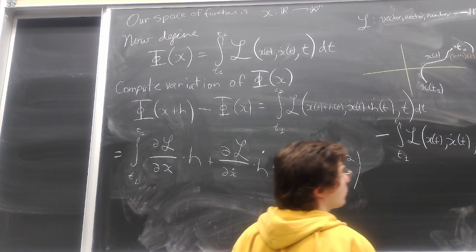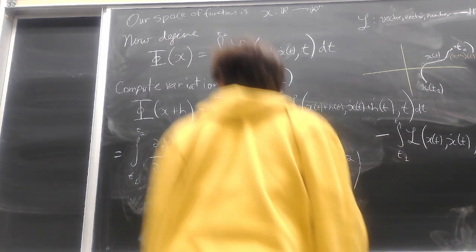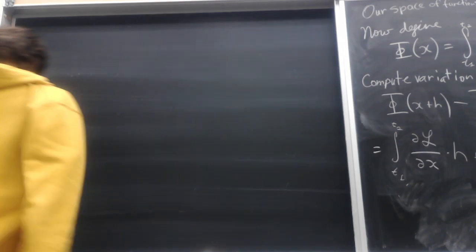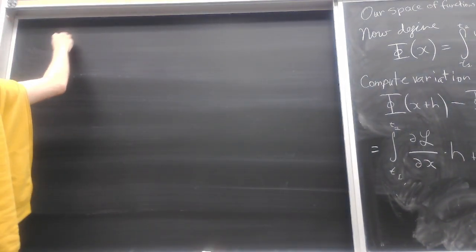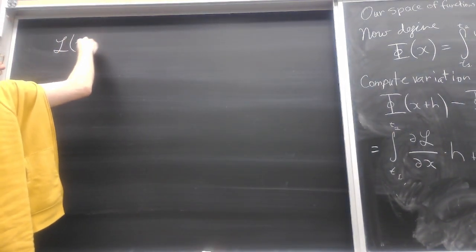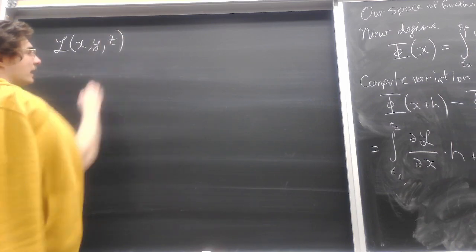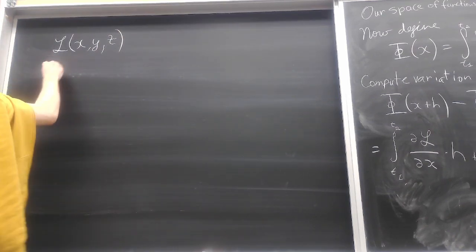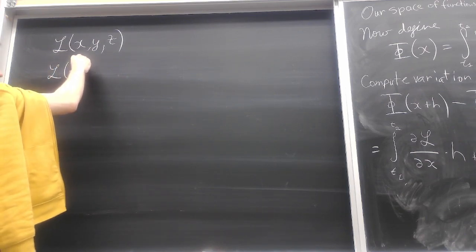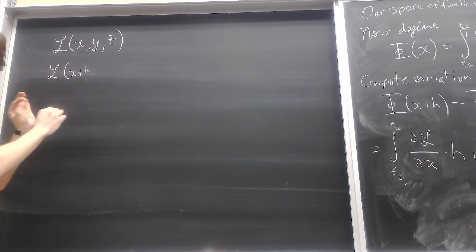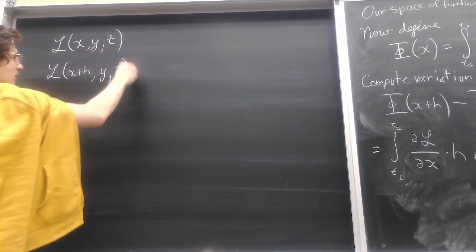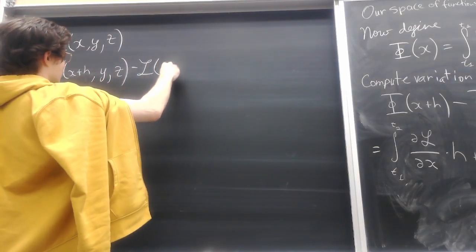So let's look at it this way. Why does this have to be equal to that? It has to be equal to that because, suppose these were just numbers. So L took x, y, z as numbers. Suppose I did L of x plus some h, where h is a number, no longer a function, y, z, and minus L of x, y, z.